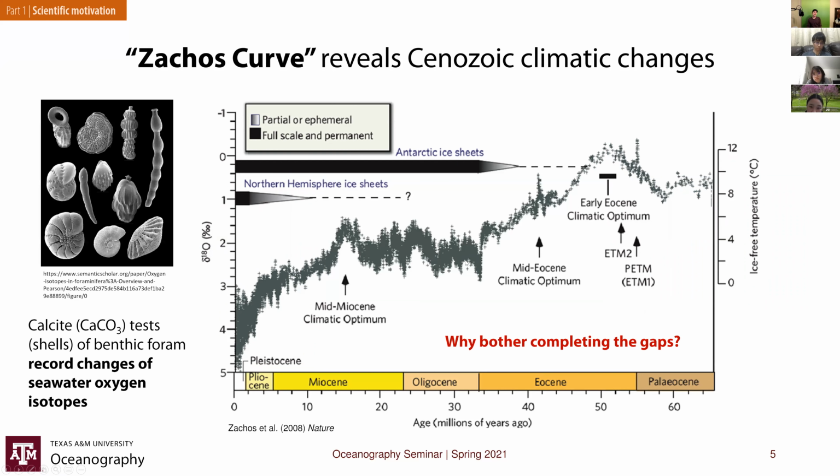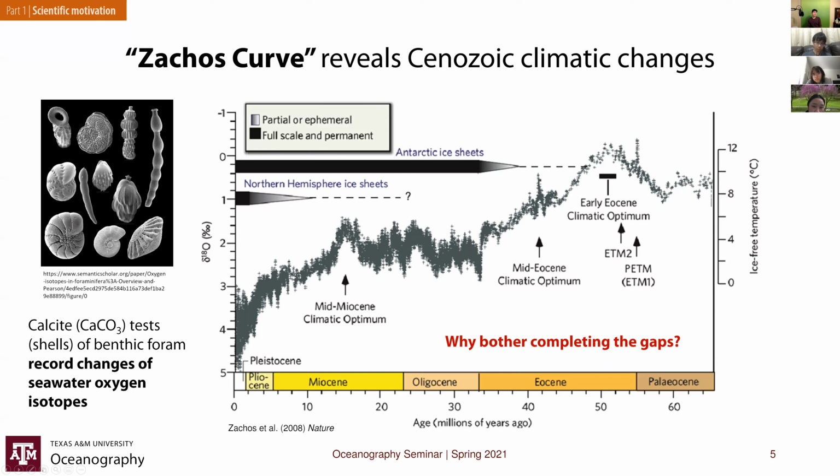So the problem is that this oxygen isotope data is derived from these beautiful organisms living in the oceans, what we call benthic forams. And their calcium carbonate tests, or shells, whatever you want to call them, recorded changes of oxygen composition in seawater over time, and it can infer the changes in the temperature.